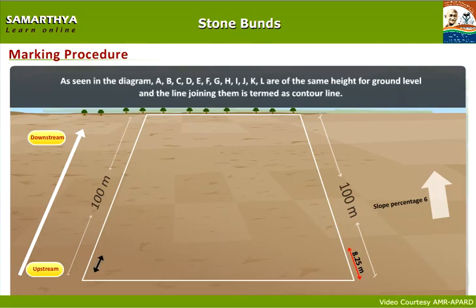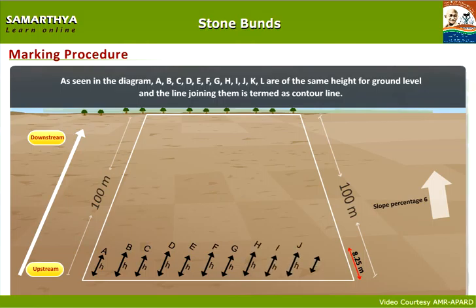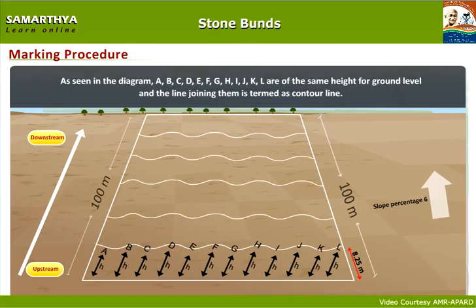As seen in the diagram, A, B, C, D, E, F, G, H, I, J, K, L are of the same height from ground level, and the line joining them is termed a contour line.